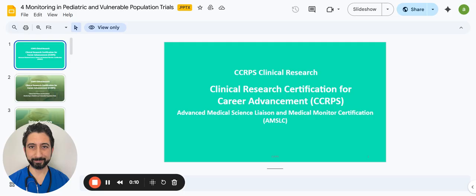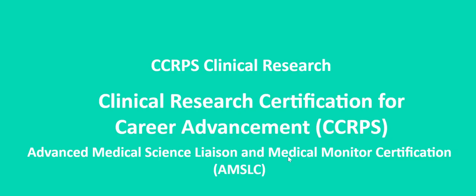This will be the fourth topic, or fourth video, or fourth session for chapter 9 from the whole curriculum or syllabus of the Advanced Medical Science Liaison and Medical Monitor Certification, AMSLC for short, a certification course by the CCRPS.